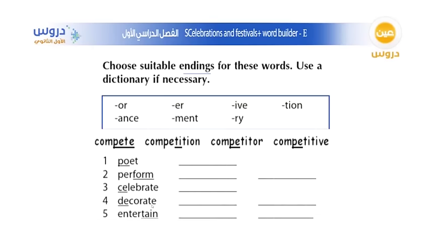What about perform? How can you build the word number two? Perform. All right, we've got performant. Are you sure? Performer is okay, but I think you need to revise the word performant or use a dictionary.